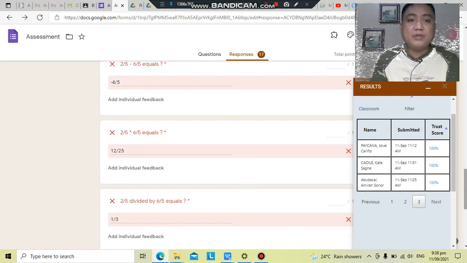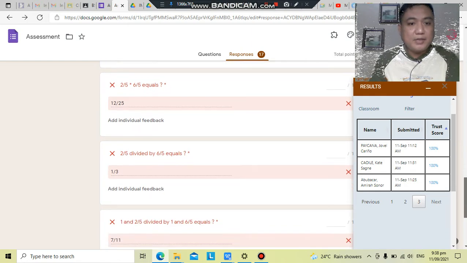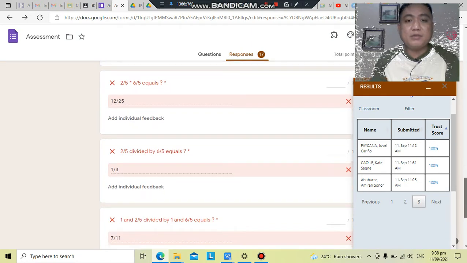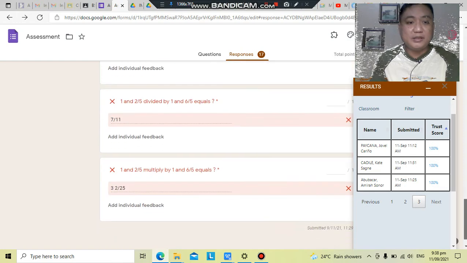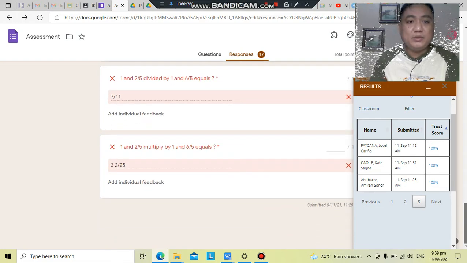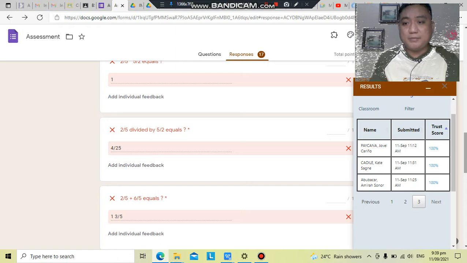2/5 times 6/5, that is 12/25. Next one, 2/5 divided by 6/5, that is 1/3. 1 and 2/5 divided by 1 and 6/5, that is 7/11. Next one, 1 and 2/5 multiplied by 1 and 6/5, that is 3 and 2/25.